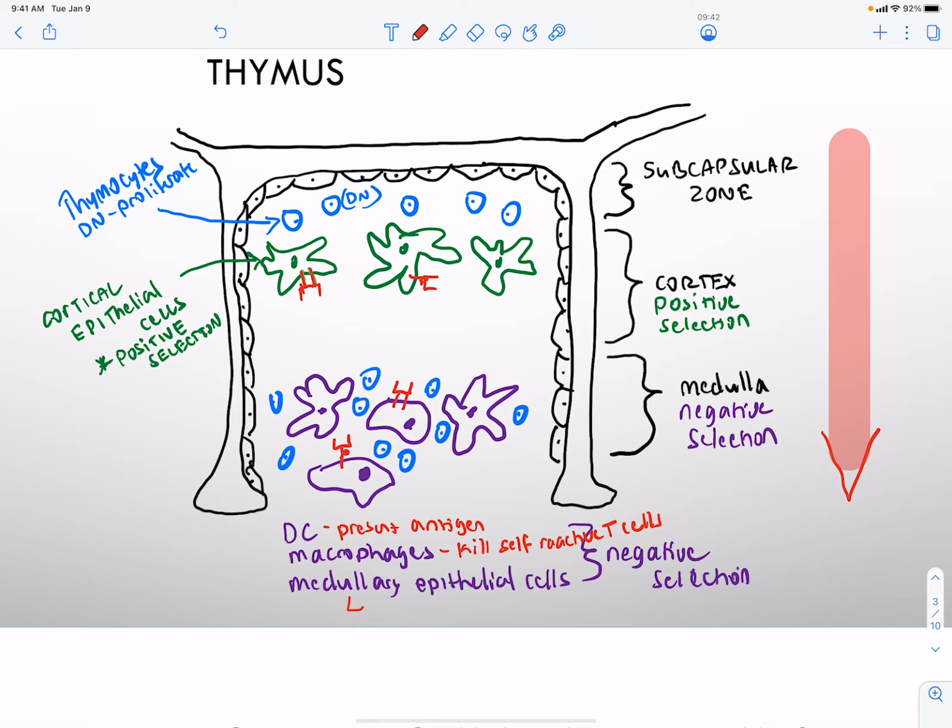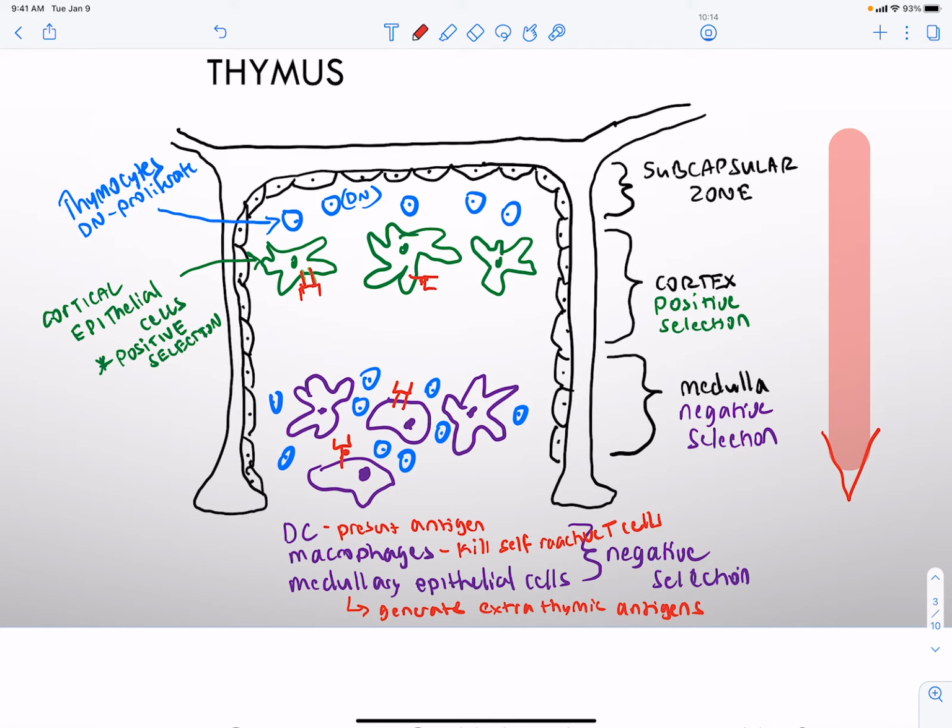And our medullary epithelial cells, their role is to generate extrathymic antigens. And so what I mean by that is that your cells in your medulla are able to express proteins that are not part of the thymus.